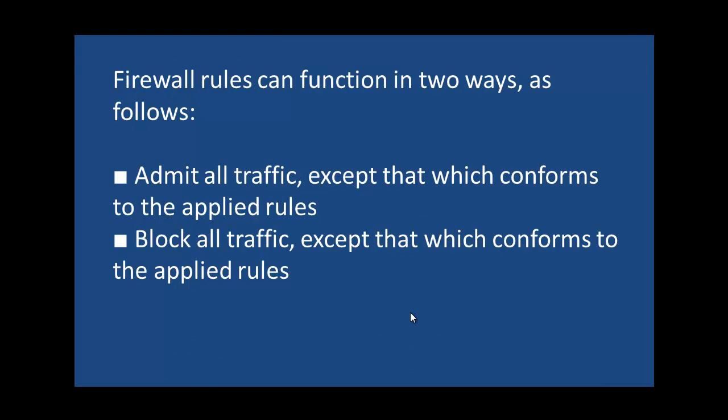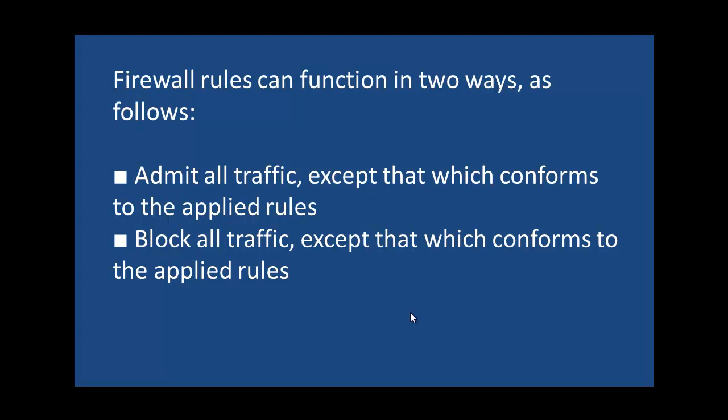Firewall rules can function in two ways, as you know. It can admit traffic or it can block traffic. And we have discussed this before. You can decide whether you're going to use the default rule. You can block all the traffic and then only allow that traffic that you want.